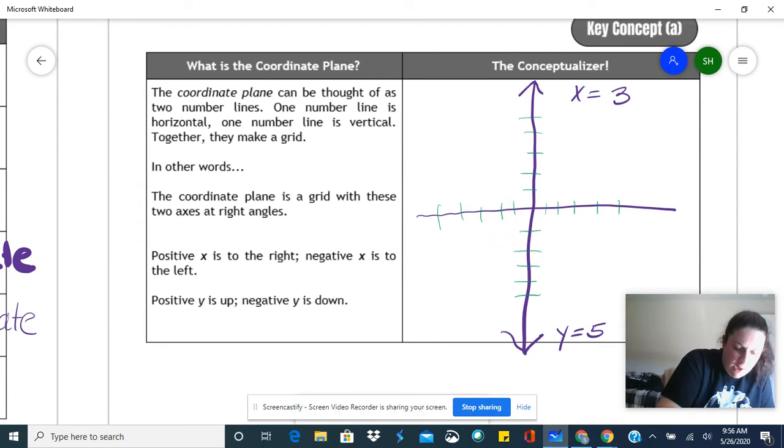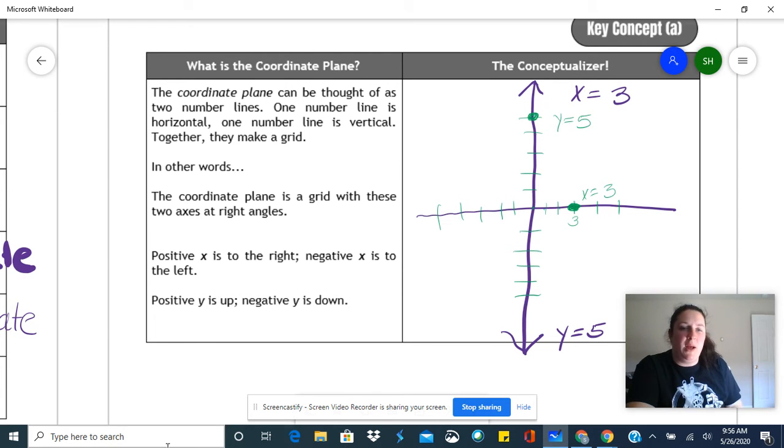So starting at my (0, 0), 1, 2, 3. Here's x equals 3. And then y equals 5. 1, 2, 3, 4, 5. Easy enough, right? You guys know how to plot your points.